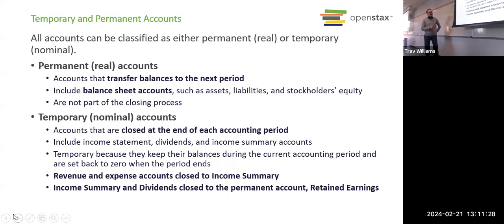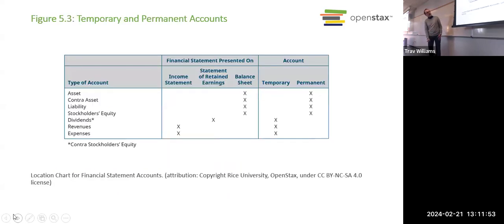And when you close out your dividend account, you're also creating your retained earnings statement, right? So that information goes into those financial statements, but then for the next period, you're starting at zero. Start counting your revenue again, from zero. Start counting expenses from zero, and you start counting your dividends from zero. Any questions so far?